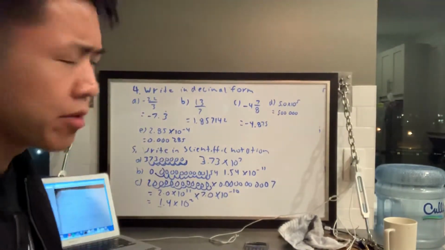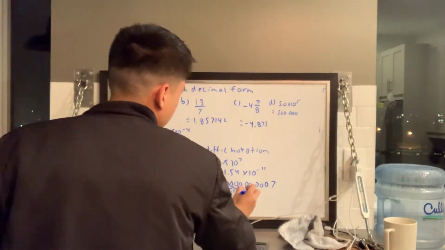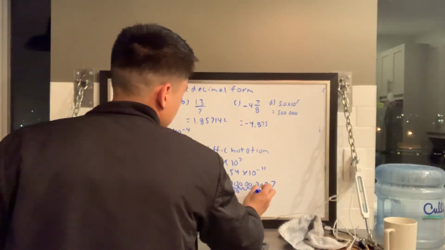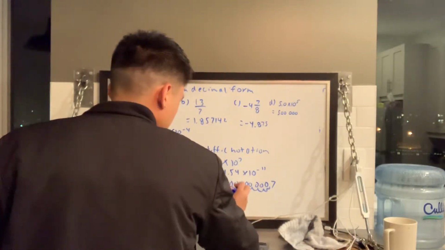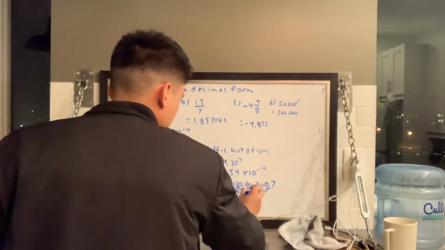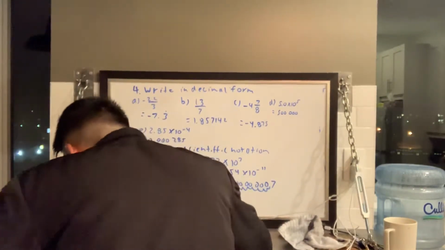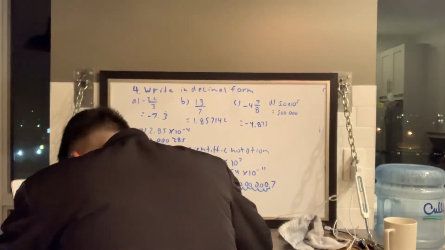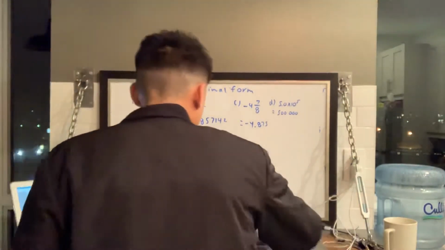I almost said negative. And I have 1, 2, 3, 4, 5, 6, 7, 8, 9. Did I copy it down wrong? 1, 2, 3, 4, 5, 6, 7, 8, 9. Okay, good. So actually 10 to the negative 9 here.